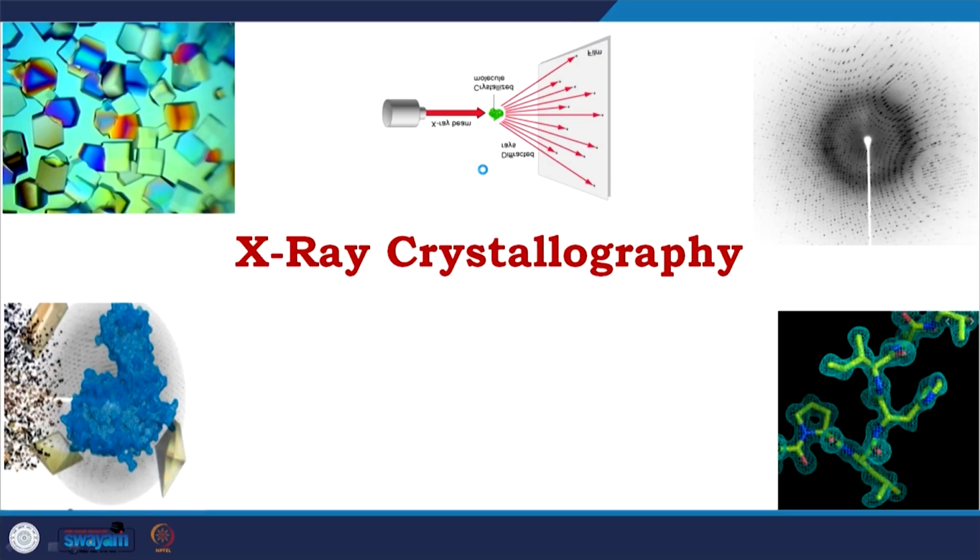Not at all. High resolution structure solution techniques have their own application, but these techniques have another set of usability application towards getting solution level interactions. We will talk again. Today I will start X-ray crystallography.